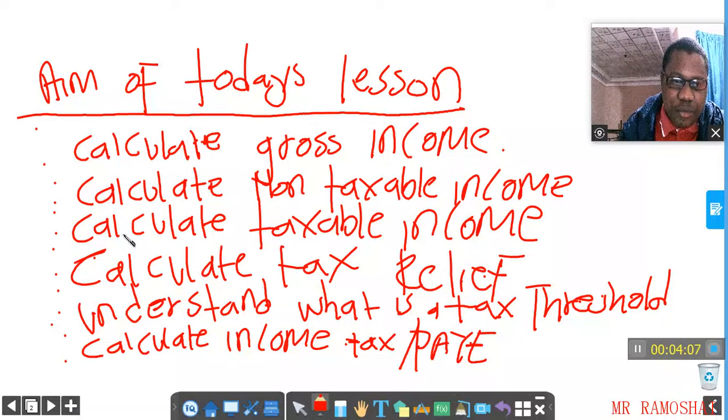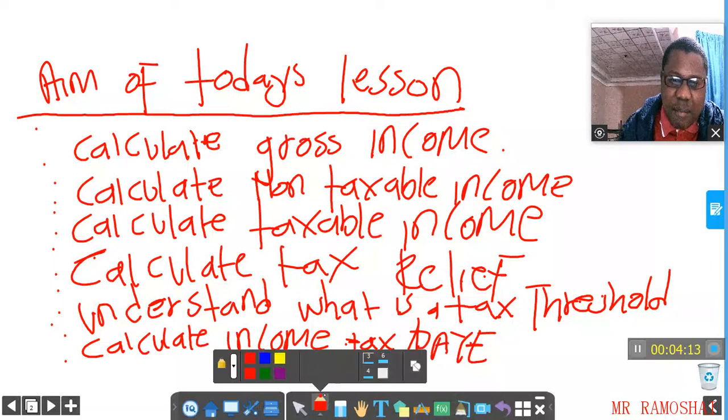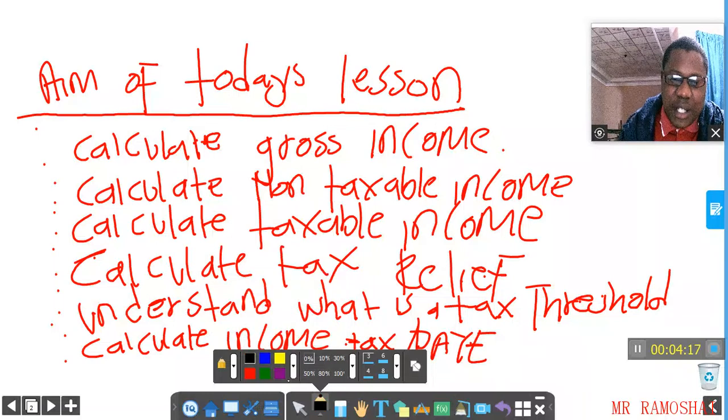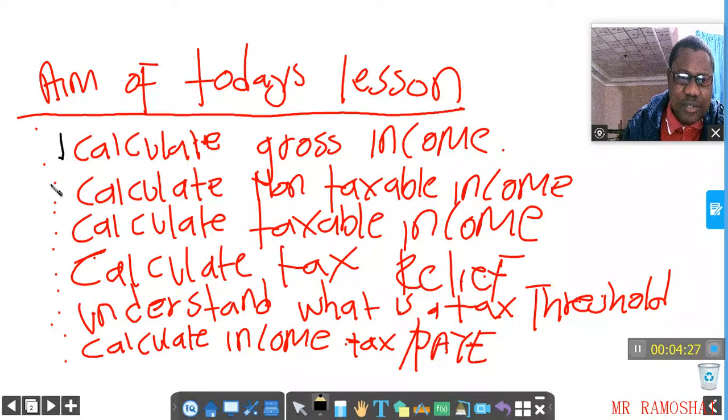Now, we're going to tackle these items one by one. That's what I want you to be able to do, and in that order, so that we don't confuse things. You have to understand them in this order in order for you to know taxation. Our first one is to calculate the gross income. The second one, we're going to talk about the non-taxable income.